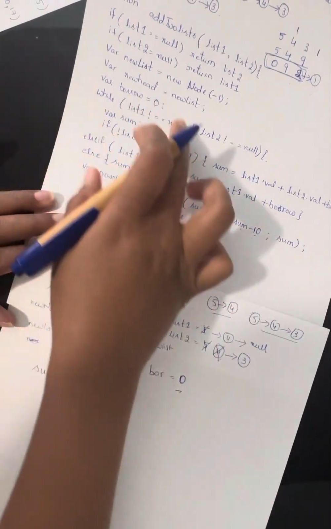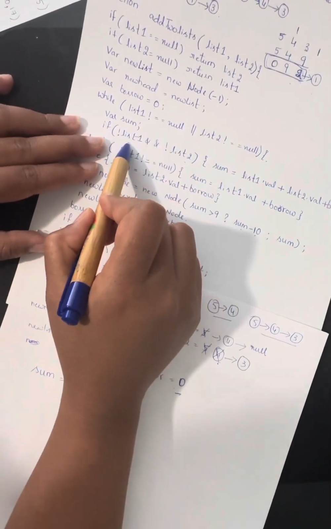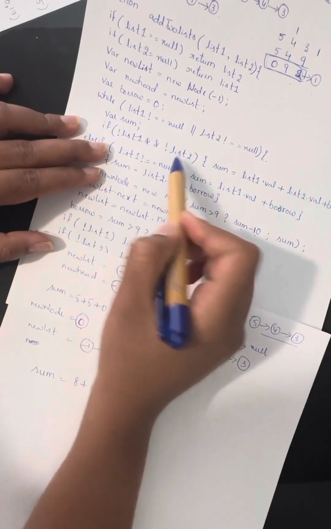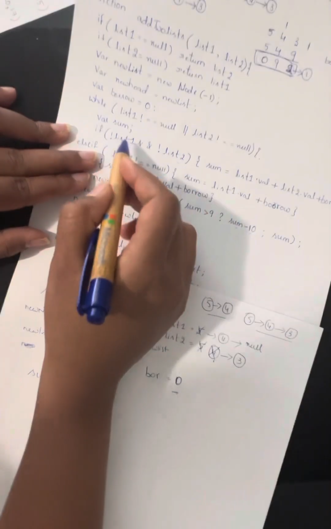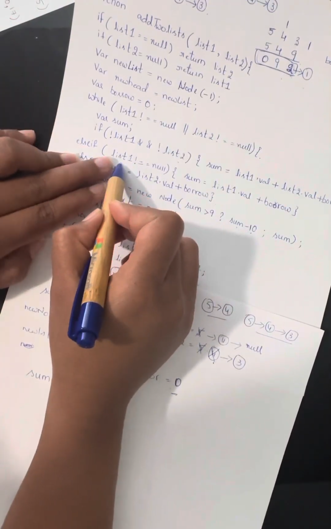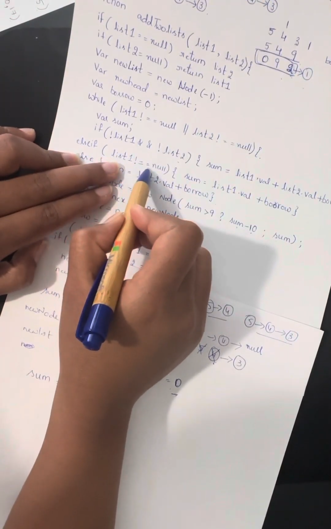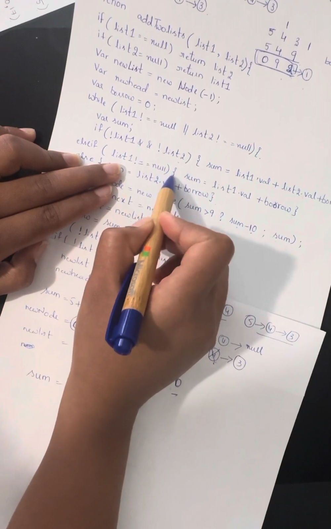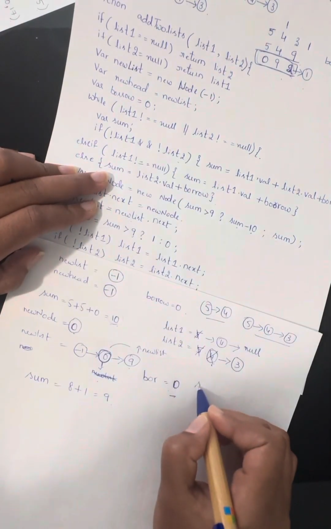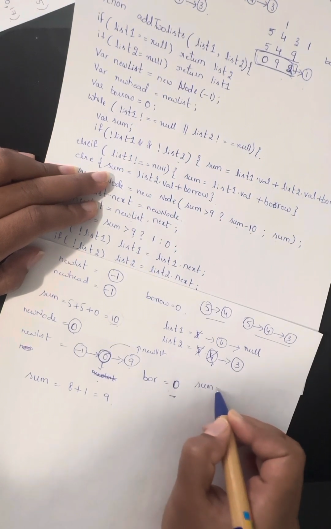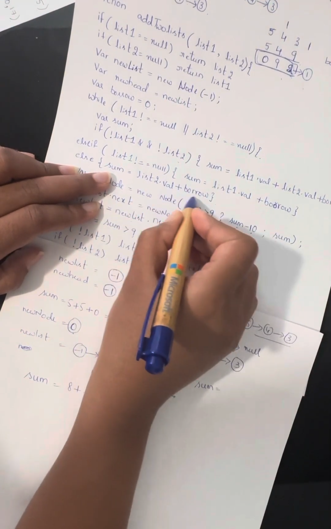Now the while loop starts again, and it will check if both of these nodes are not null. Here list 1 is equal to null, so it comes to the next condition. If list 1 is not equal to null, this is also false. It comes to the else condition, where we will make sum equal to list 2 dot value plus borrow.